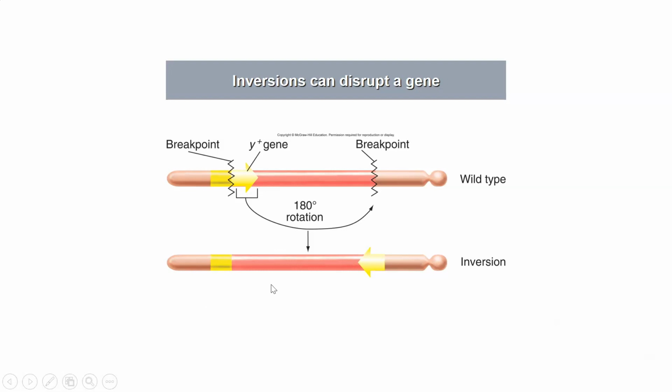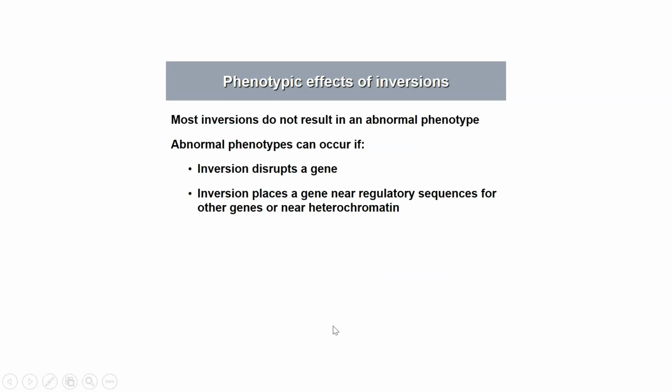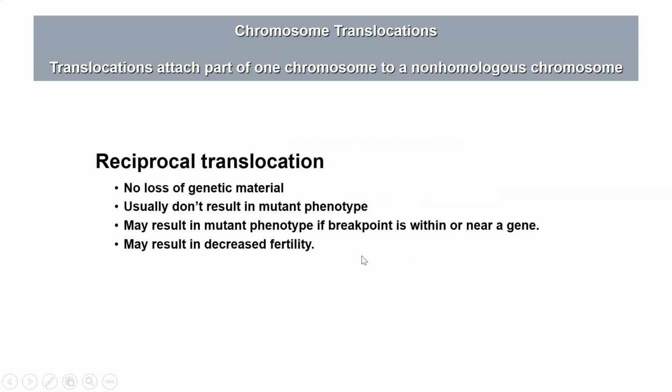So typically, in that case, a phenotype would result. So for inversions, mostly they do not result in an abnormal phenotype, but they could if the inversion breakpoint disrupts a gene, or if it puts the gene in a new regulatory environment.